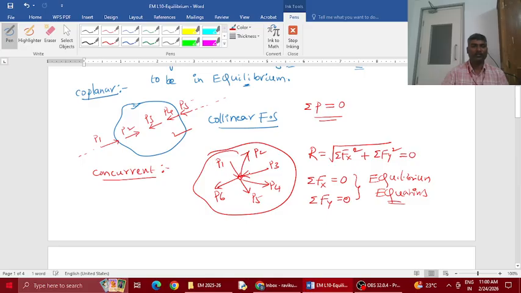So if a concurrent force system acts on a body, for the resultant to be zero, it shall satisfy these two equations, which are nothing but the two conditions: sum of all the x forces shall be zero, sum of all y forces shall be zero, in terms of rectangular components.